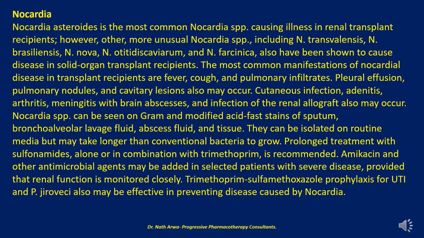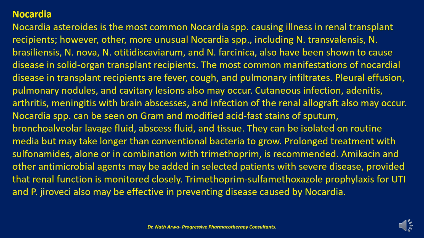Nocardia species can be seen on Gram and modified acid-fast stains of sputum, bronchoalveolar lavage fluid, abscess fluid, and tissue. They can be isolated on routine media, but may take longer than conventional bacteria to grow. Prolonged treatment with sulfonamides, alone or in combination with trimethoprim, is recommended.